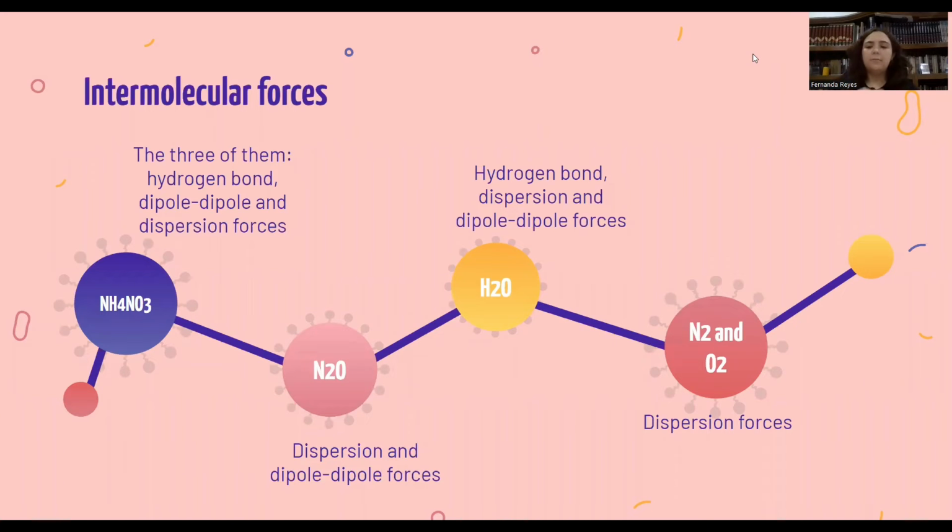For the intermolecular interactions, we observe that ammonium nitrate and water both have the three intermolecular forces. Nitrous oxide has dipole-dipole and dispersion forces, and for the case of the nitrogen and oxygen molecules, they only have dispersion forces.